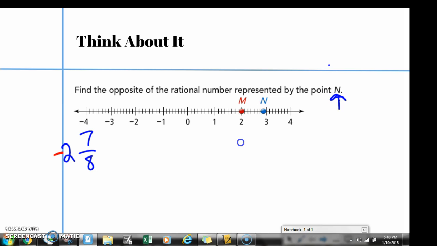So again, you count how many whole numbers first. 1, 2. Then how many parts? 1, 2, 3, 4, 5, 6, 7. Alright, so our new spot is over here, very close to the -3.